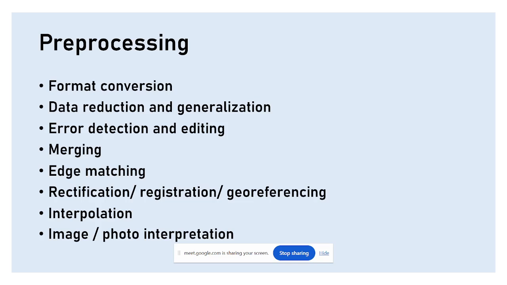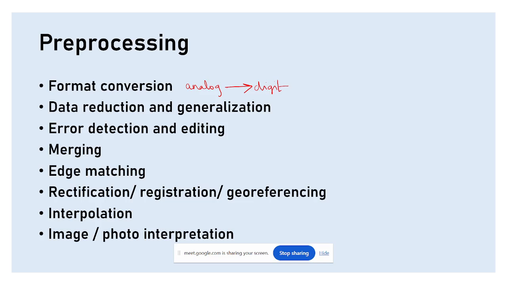Pre-processing involves all these steps. You can do format conversion. For instance, if you have data which is in analog format, but you have to use it in a computer, then you need to convert it into digital format.